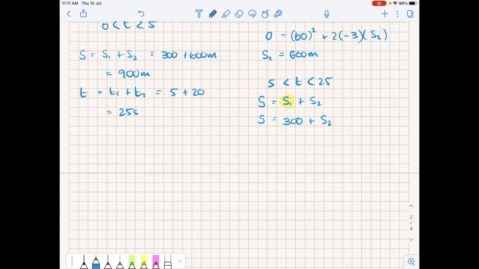What we need to do now is also look at the time, because the time also doesn't start from 1. So my total time is equal to time 1 plus time 2, and my time 1 is at 5 seconds. So for the second stage of this function, we're already starting at 5 seconds.